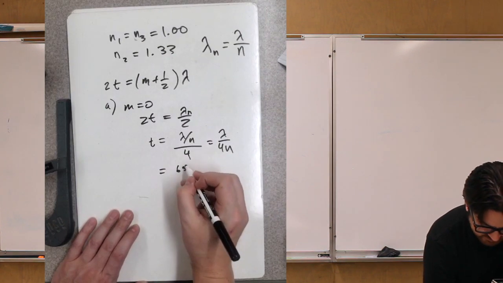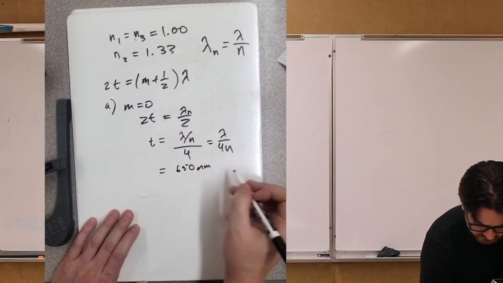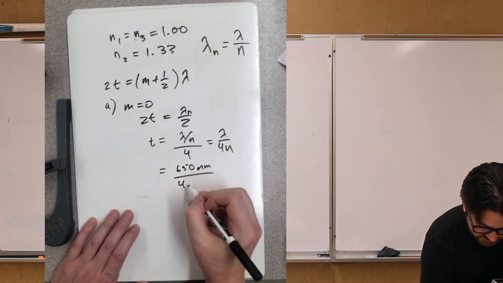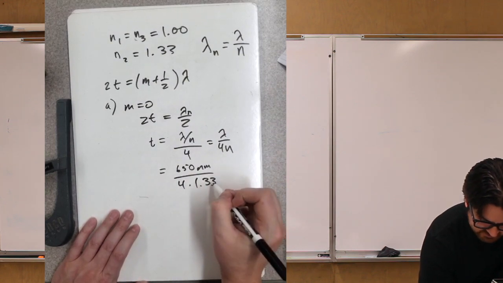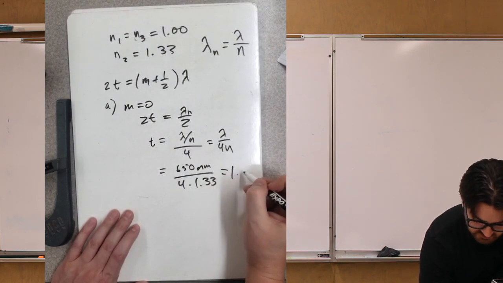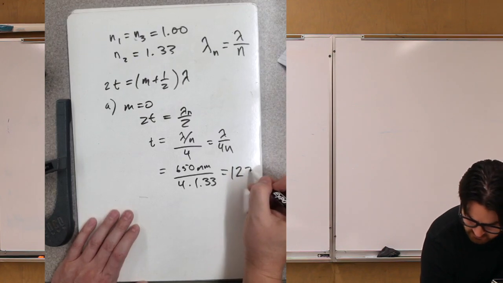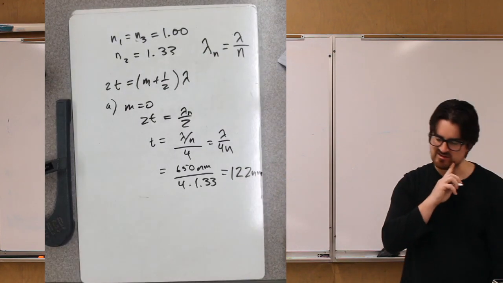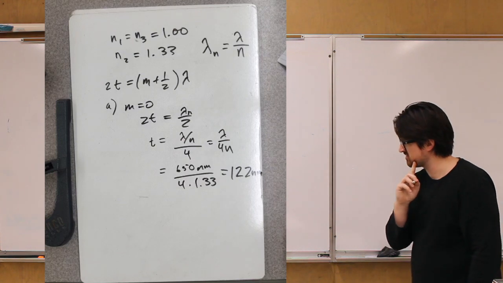And putting some of those numbers in, 650 over 4, and that index of refraction, we get 122 nanometers. Very thin.